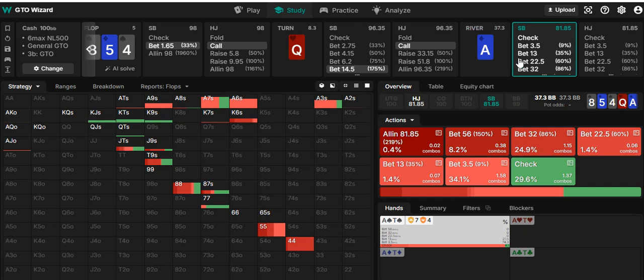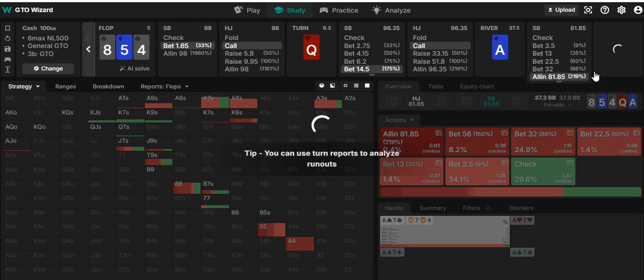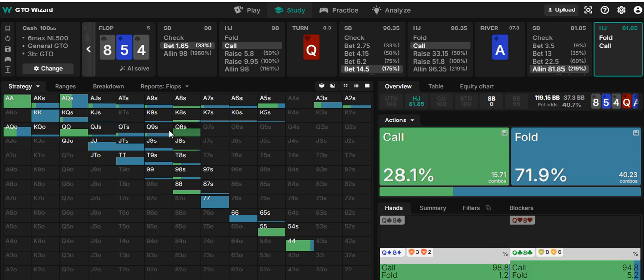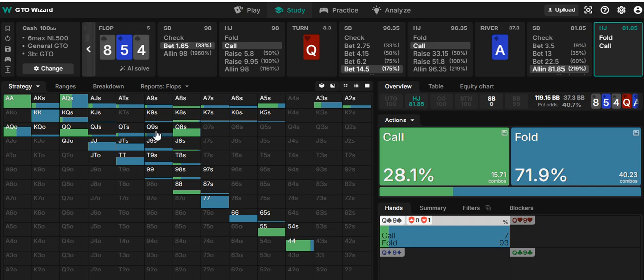But he did jam. So let's just say he jammed, and I just want to see what Queen 9 of spades does. It is a 0 EV call in theory. That's good to know. So in theory, calling and folding are the same EV.